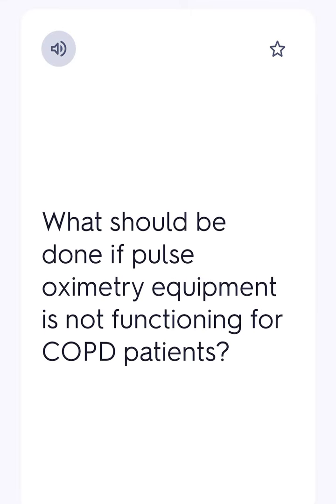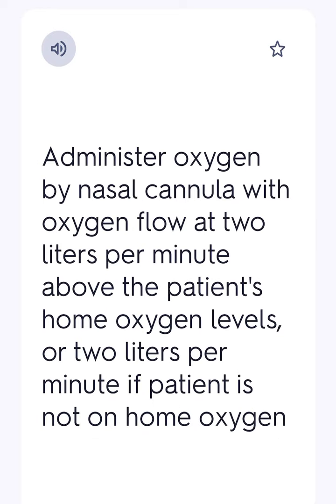What should be done if pulse oximetry equipment is not functioning for COPD patients? Administer oxygen by nasal cannula with oxygen flow at 2 liters per minute above the patient's home oxygen levels, or 2 liters per minute if patient is not on home oxygen.